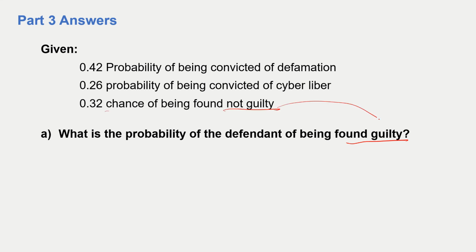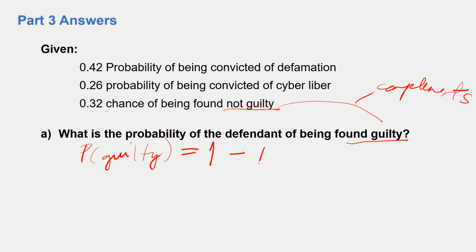So, not guilty and guilty are complementary outcomes. They complement each other. Therefore, i-apply natin yung converse or complementary rule. Yung given natin dito is being found not guilty. Ano yung hinahanap natin is guilty. So, probability of guilty, kasi hindi natin siya alam, is equal to 1 minus the probability of not guilty.